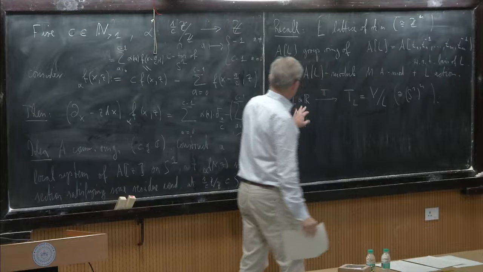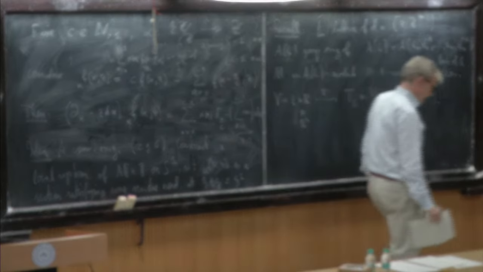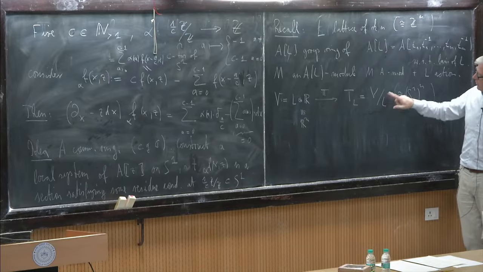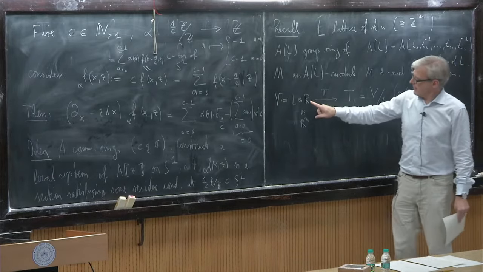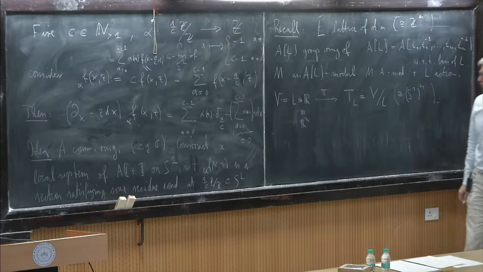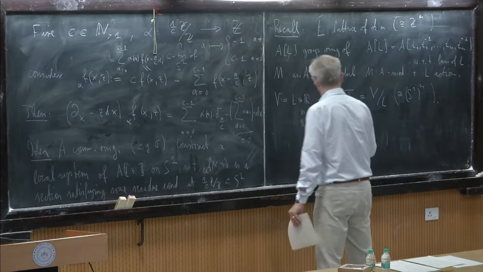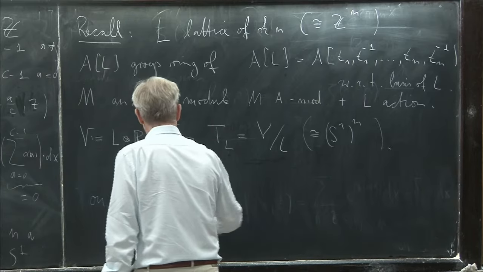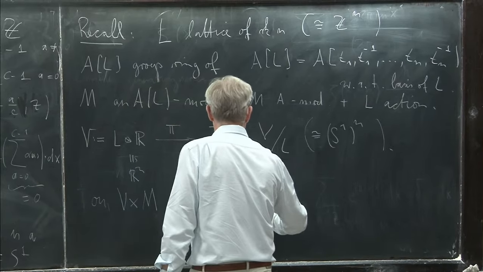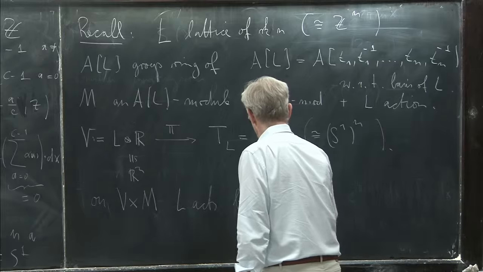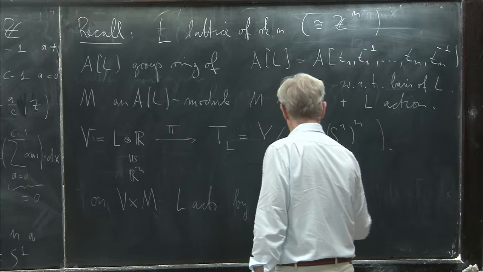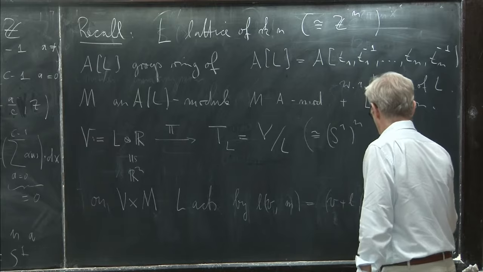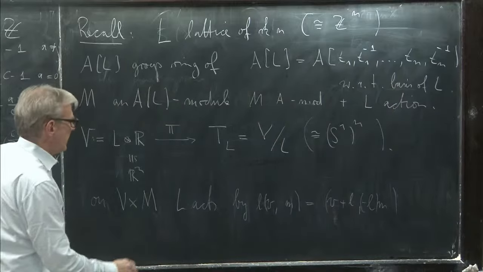From topology, you know that V is the universal covering of that torus, and L is the fundamental group. So if you have a module for L, you can write down what is called a local system on the torus, and I give it to you explicitly. You do it as follows. On V times M, L acts by l times (v, m) equals (v plus l, lm). Maybe for consistency one should take minus, but that doesn't matter.